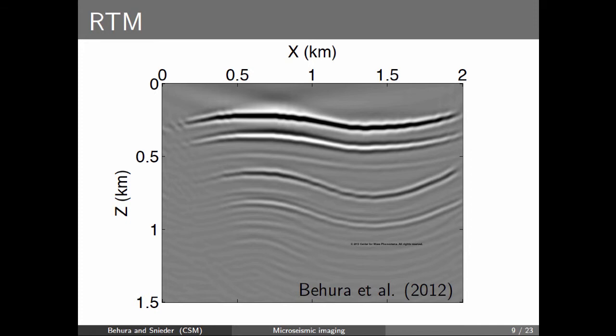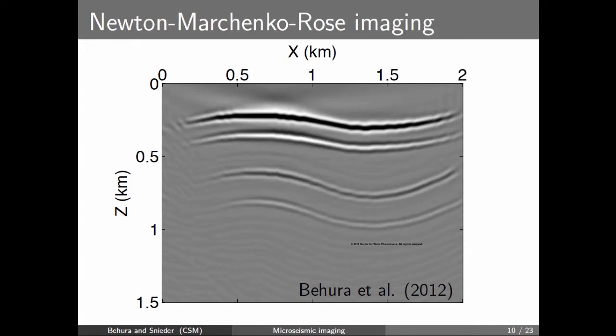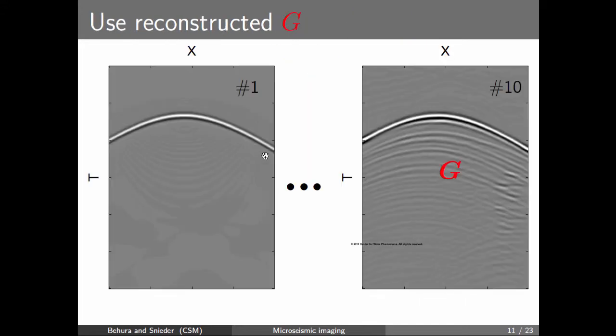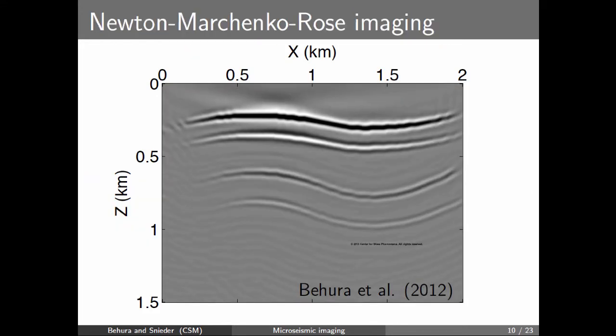There should actually be just 4 interfaces here, but you can see that there are multiple interfaces. But then using this imaging algorithm that we had introduced last year, you can see that the internal multiples, for example, here have been imaged properly.